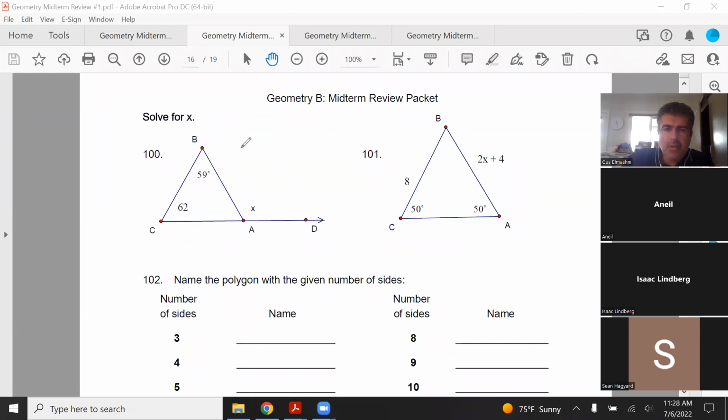Okay, so in this case, x is going to equal these two. So 62 plus 59 equals x. It's always true. This is part of the exterior angle theorem.